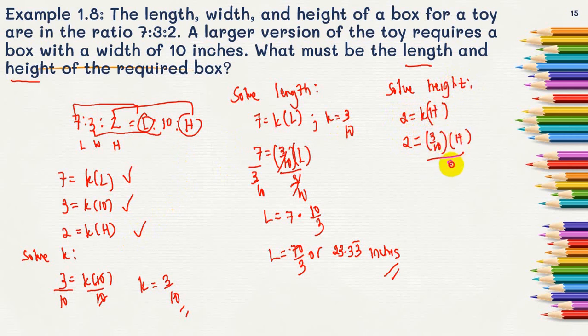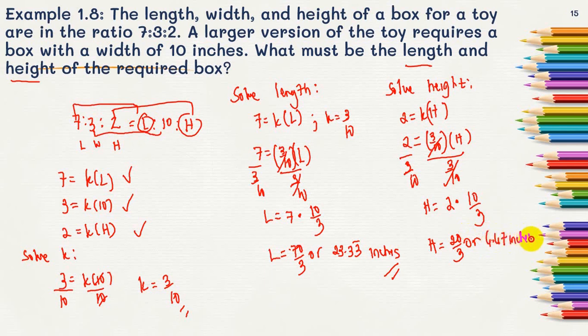Then divide both sides by 3 over 10. So H will be equal to 2 times the reciprocal of 3/10, which is 10 over 3. H will be 2 times 10, which is 20 over 3, or the decimal value. 20 divided by 3 is 6.67 inches.